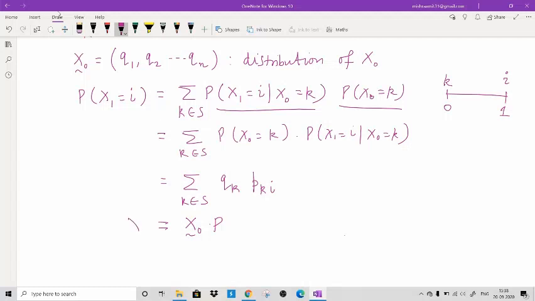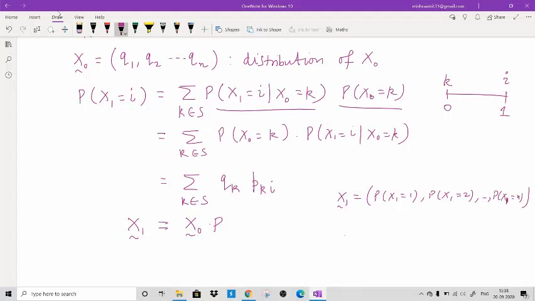This is the x1 vector. That means, what is x1? In the same way, we are representing all these probabilities. So what is your x1 vector? The x1 vector is the probability that x1 is 1, the probability that x1 is 2, and the probability that x1 is n.